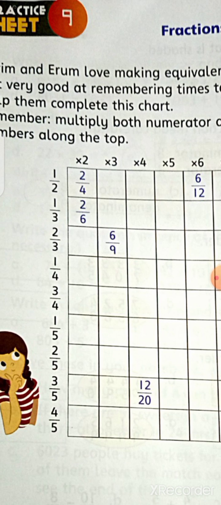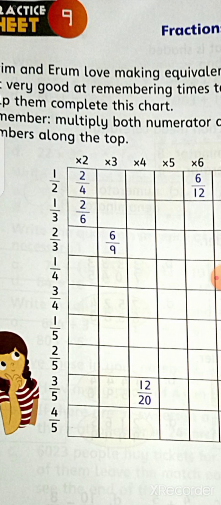You will multiply both numerator and denominator by the same number, then you will get equivalent fraction. If you just multiply the numerator and do not multiply the denominator, you will not get equivalent fraction. 1 over 2 multiplied by 4, equivalent fraction is 4 over 8. If I do not multiply the denominator, 4 over 2, is it equivalent fraction?